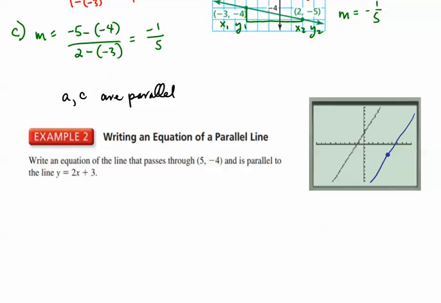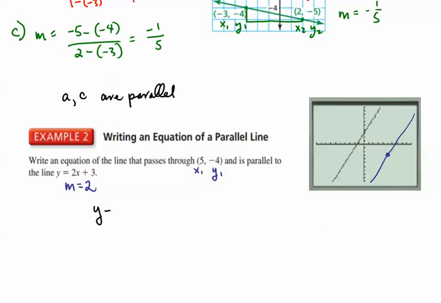All right, so I don't want to use the original line, but what I need from the original line is its slope. So I know that by looking at this, that that line has a slope of 2, and I'm going to use x1, y1 from the new point that I have. And I'm simply going to use the point slope form.